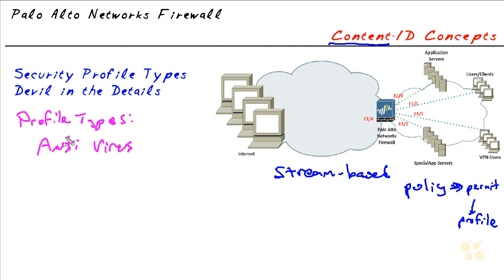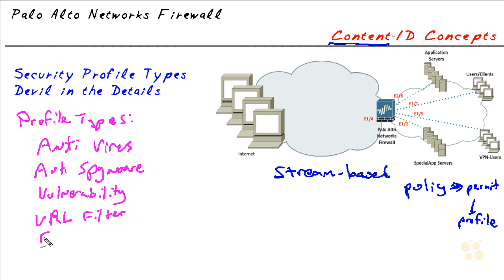Okay, we have anti-spyware, and I'll go into detail on each of these, by the way. Okay, so anti-spyware portions, we have vulnerabilities, basic exploits and things like that. We have URL filters.